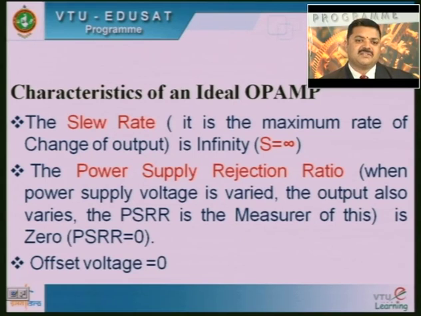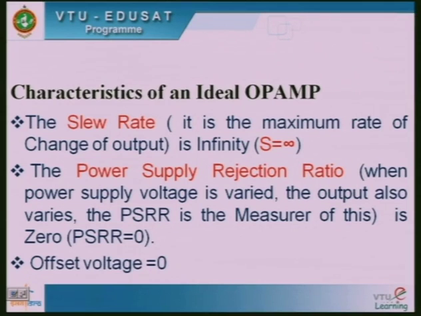So, what measures this variation of output with respect to power supply voltage? That is given by PSRR. The PSRR is the measure of this output voltage variation with respect to supply voltage variation. So, PSRR for an ideal operational amplifier is 0.